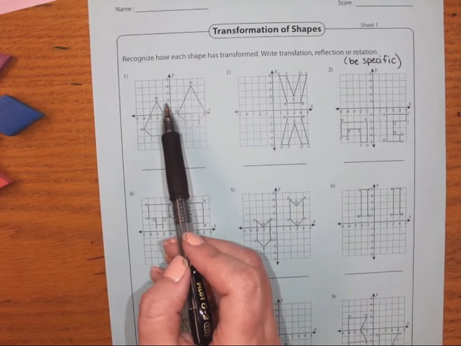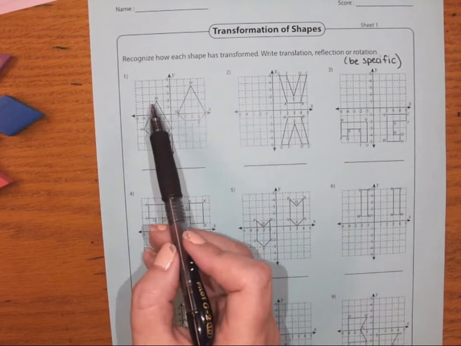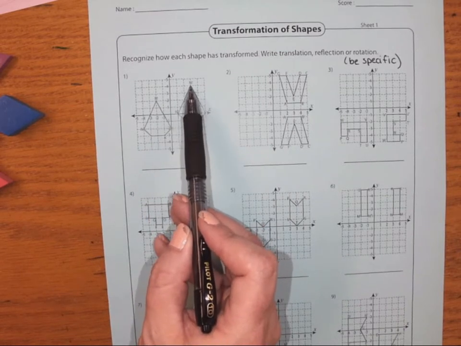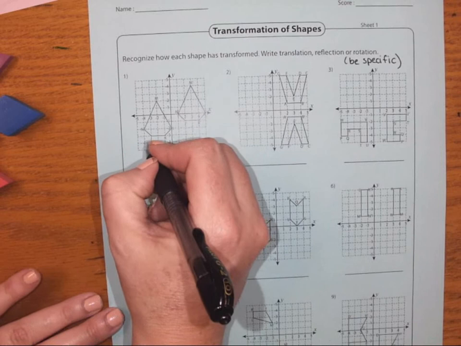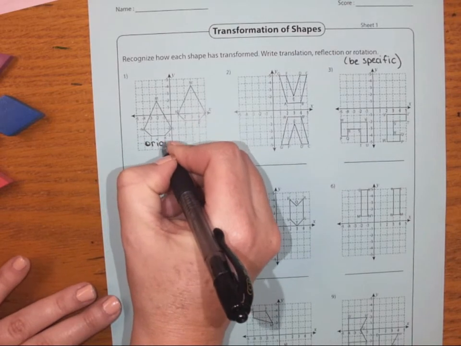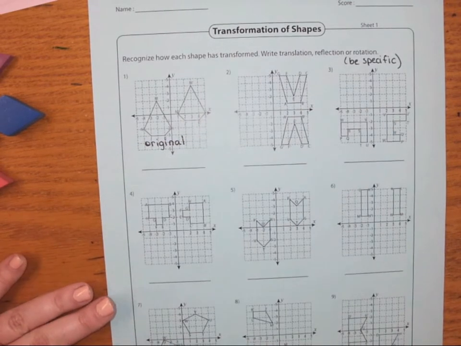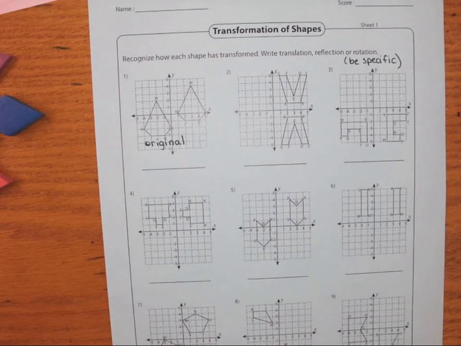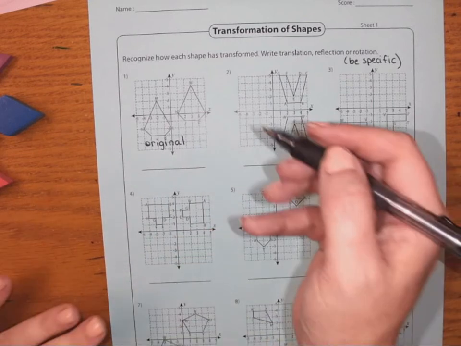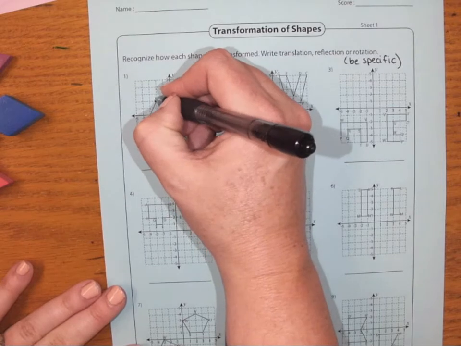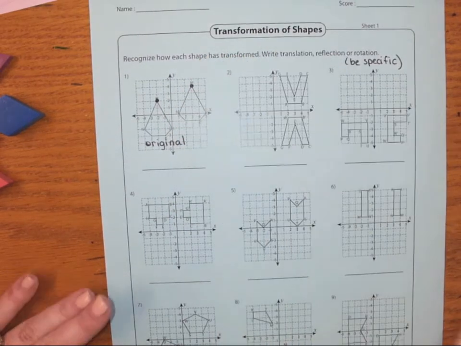So let's take the first one, for instance. If you look real close at your assignment, this is marked M and this is marked M with a little apostrophe. That means that this is the original figure. The one with the regular letters without any extra markings is the original. So the easiest thing to do is to focus on a common point they have.